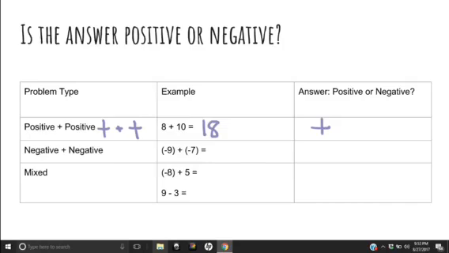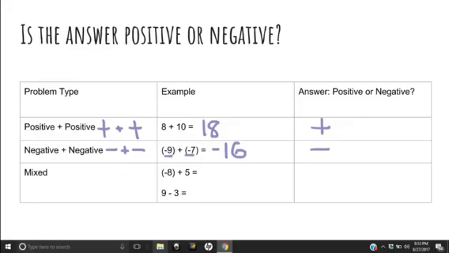If you have a negative plus a negative, this is like borrowing $9 and borrowing another $7. You're still in the borrowing range, so it's of course going to be negative. You're still in the red, they say. Okay, so a negative plus a negative is always negative.